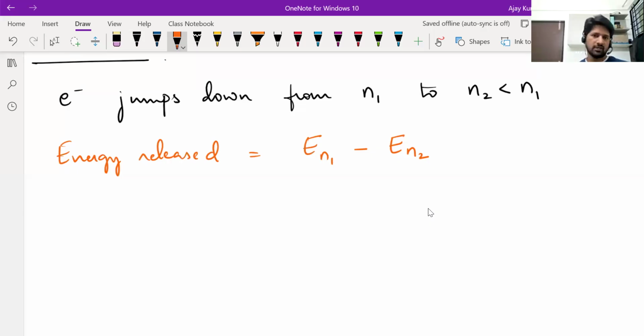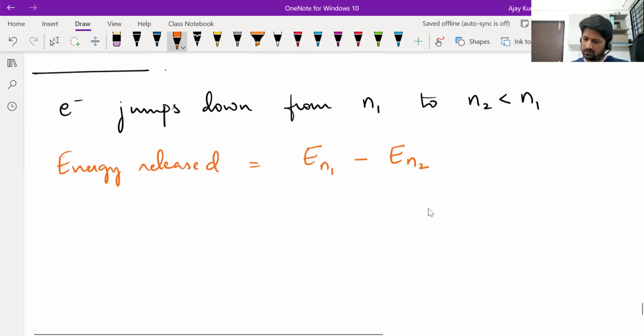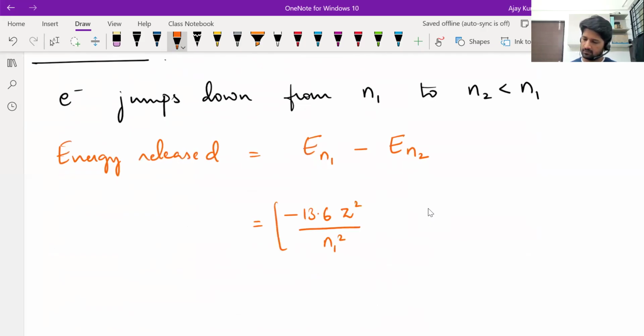And we have a formula for the energy of the electron in the nth orbit: minus 13.6 z square by n square electron volts. So in the higher orbit, its energy would have been minus 13.6 z square divided by n1 square, minus the final energy, minus 13.6 z square by n2 square.